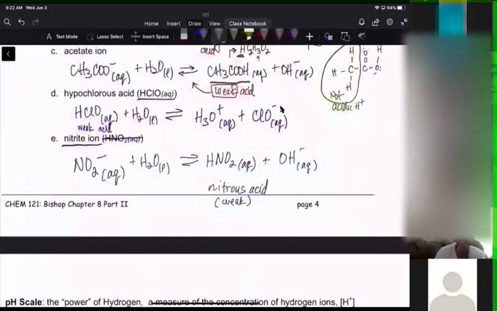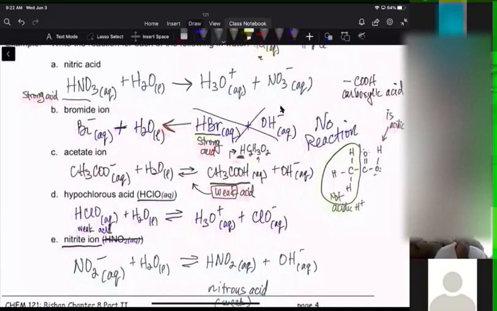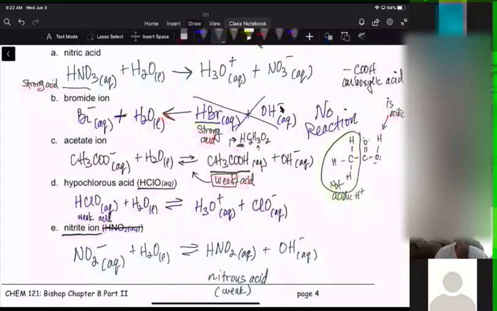How do you determine which one is going to give up the proton? Well, if we just look at the reactant side, for the NO2 and the water, there's only one way to transfer a proton. But maybe in D, is your question about D? There we have to recognize that that hypochlorous acid is the acid.